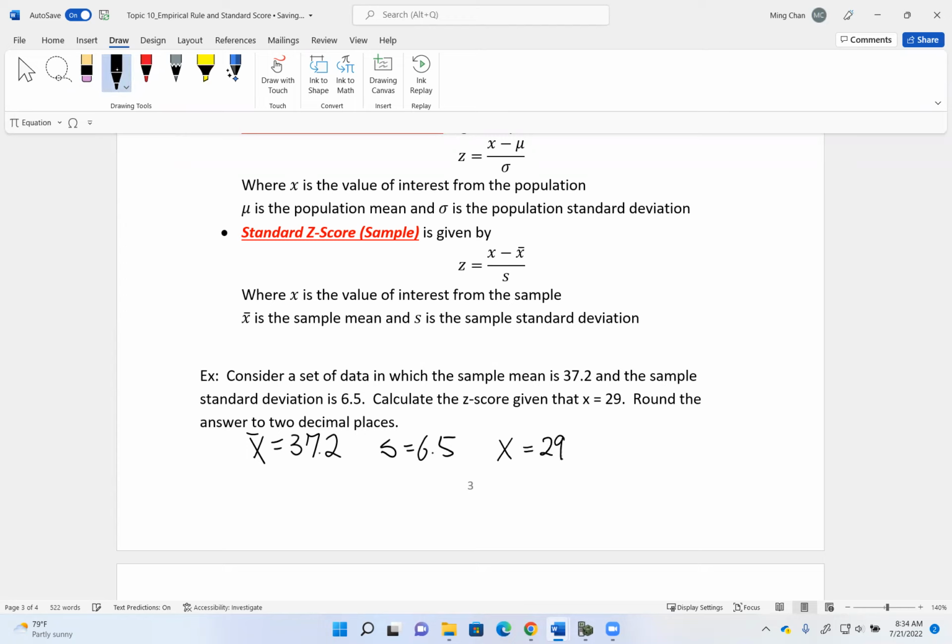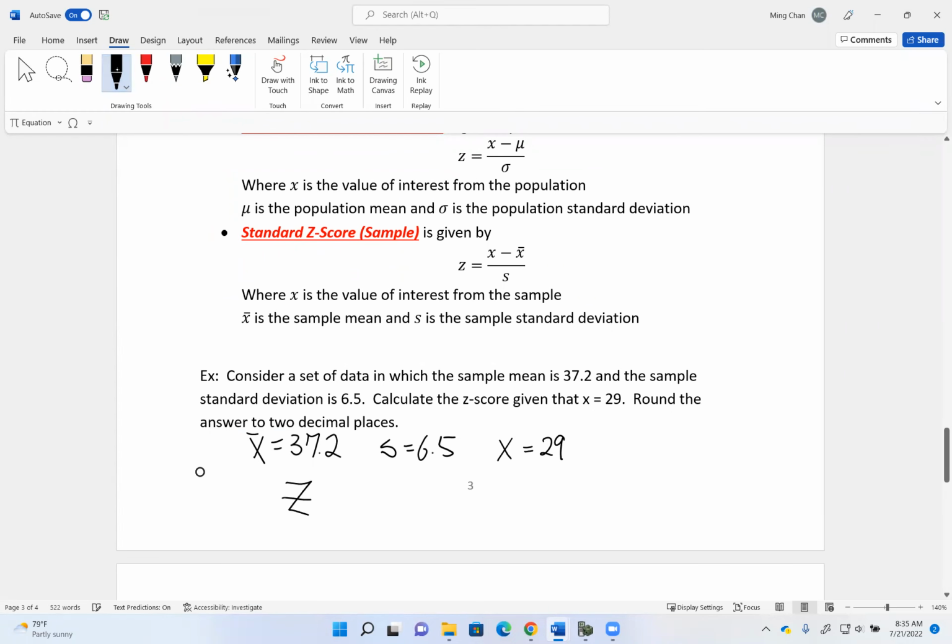X is your random variable, the given I'm trying to convert, to figure out how many standard deviations away 29 is. Again, this topic will be continued after we go through the probability part of this course. This is very important.